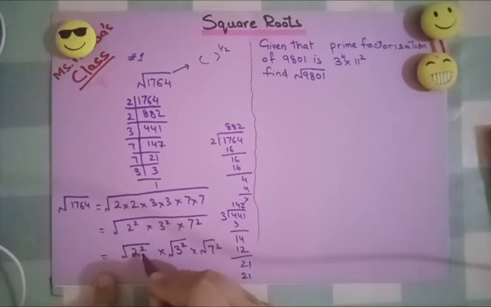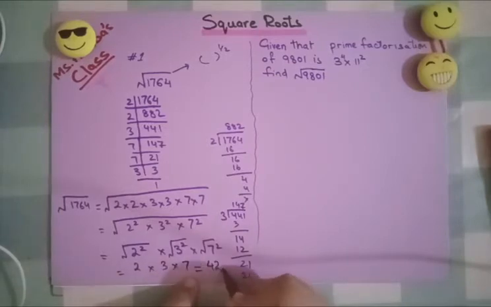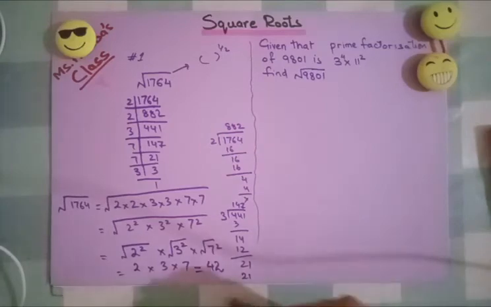Now this radical will cancel this square, so 2 into 3 into 7 equals 42.